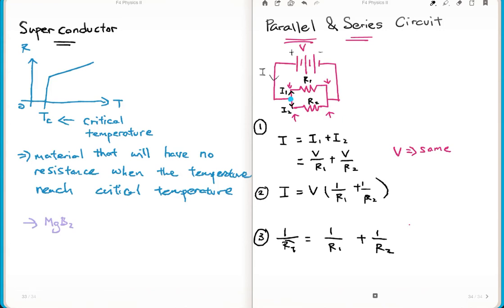To talk about RT itself, this is called the effective resistance in your reference or text. RT is the effective resistance.